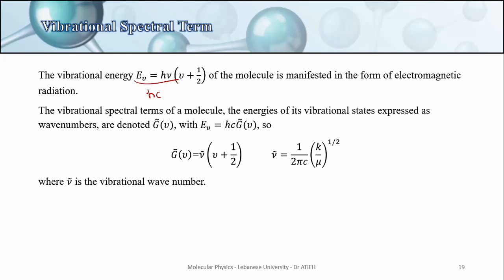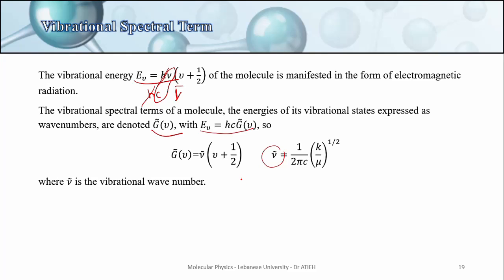This wave number is denoted as G bar of ν. As you can see, E_ν equals hc G bar ν, so if we divide the energy by hc, the h cancels, and ν over c is equal to ν bar, and ν bar in this case is the vibrational wave number.